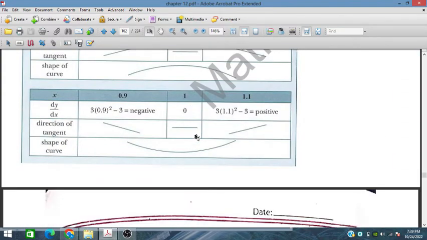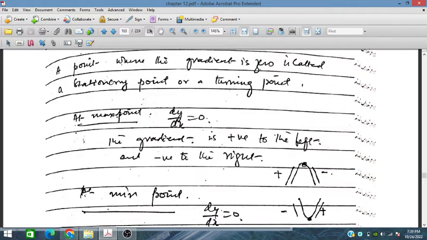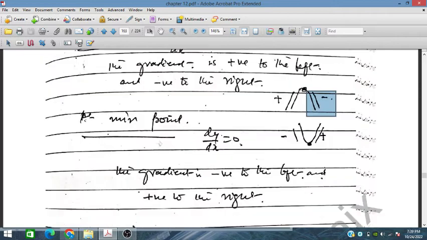So the stationary point, where the gradient is 0, is called the stationary point or turning point. At a maximum point, dy by dx is equal to 0, and the gradient is positive on the left side and negative on the right side. Similarly, for the minimum point, dy by dx is 0 again, so this is a stationary point.